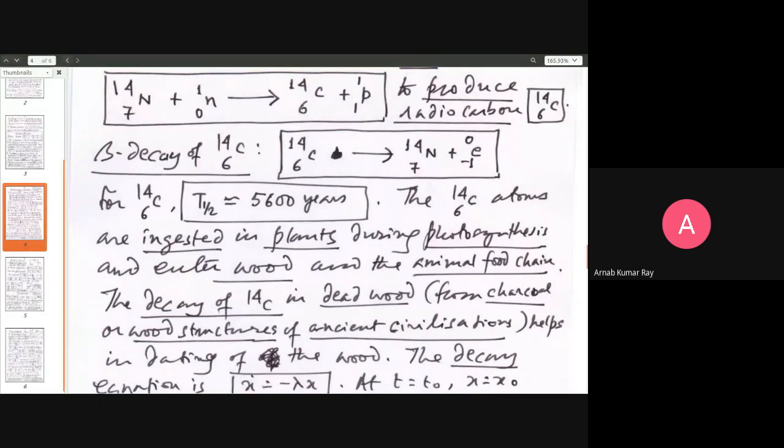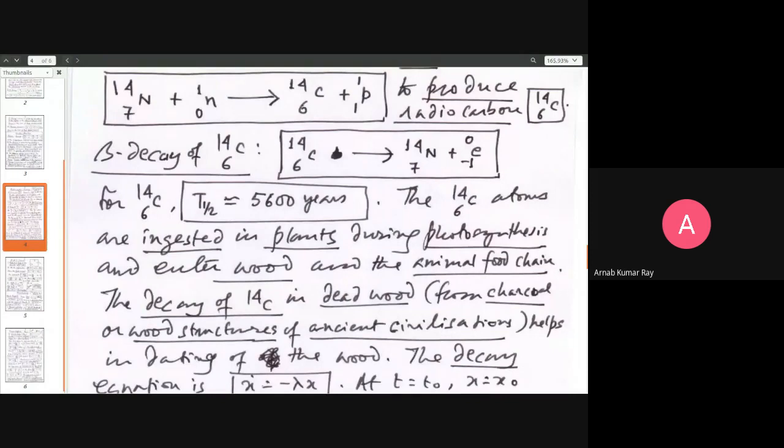So this radiocarbon is ingested through photosynthesis in plants, and then it gets lodged in plant matter, that is wood, and leaves. Then herbivorous animals eat them, and it enters the animal food chain. Later, carnivores eat these things. So all animals, including us, have a little bit of radiocarbon in our bodies.